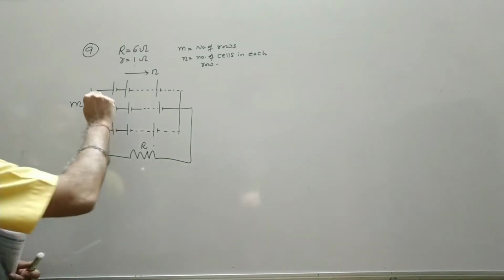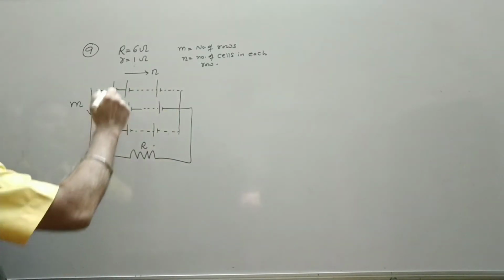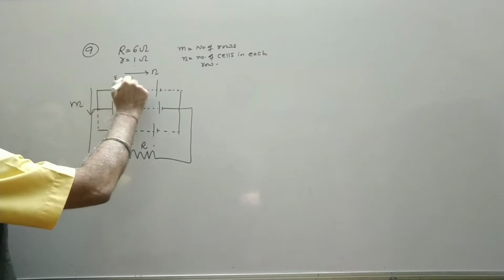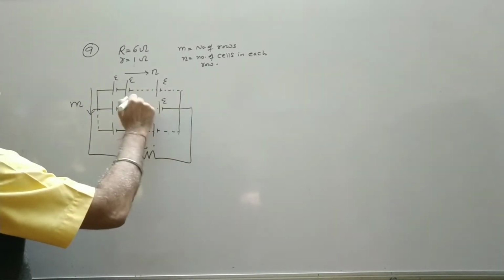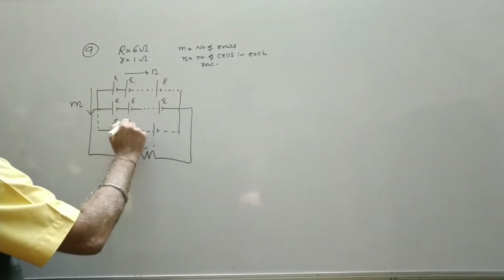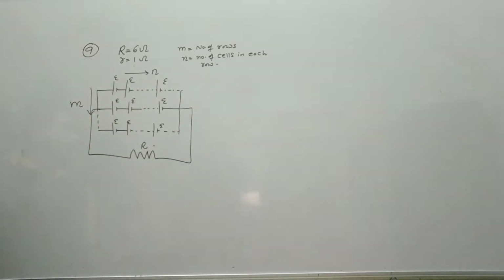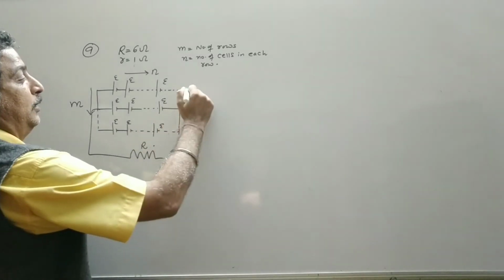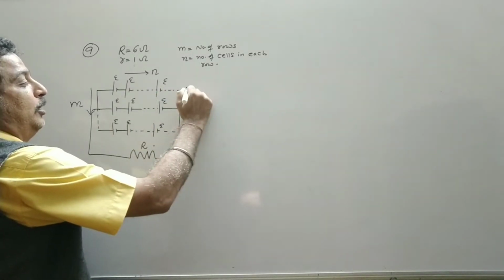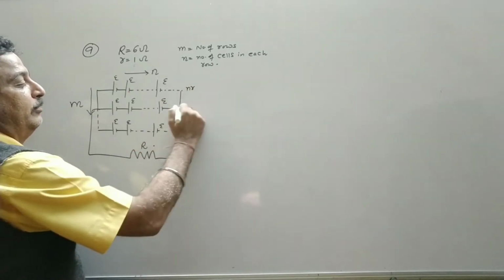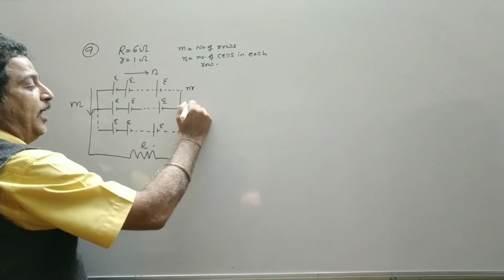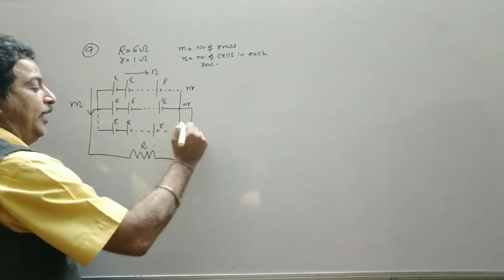Now we have n identical cells in each row. Let the EMF of each cell be E, and the internal resistance of each cell be small r, whose value is given as 1 ohm. So for each row, we have resistance nr; for this row nr, for this row nr.